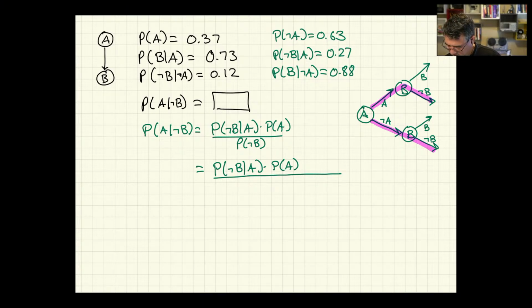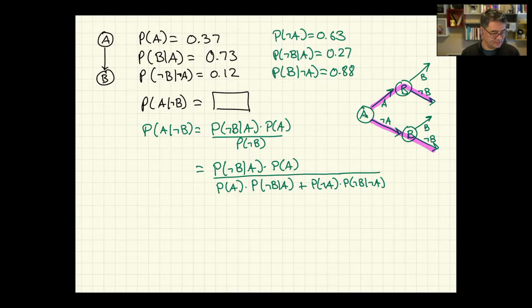So that's going to be the probability of A times the probability of not B given A, that's that top branch, plus the probability of not A times the probability of not B given not A. That's that bottom branch.